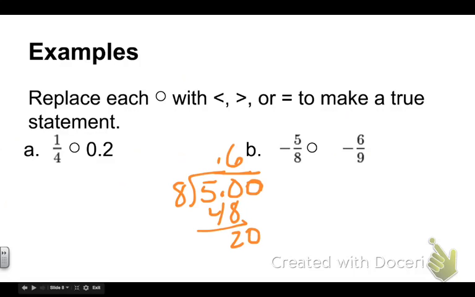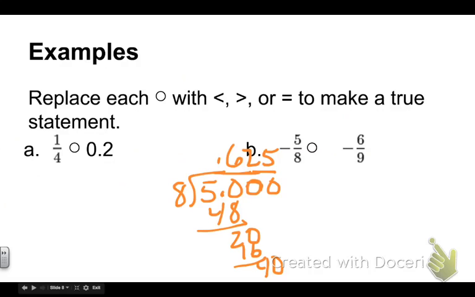And keep doing the division with me. So I've got a terminating decimal here. It's 0.625, messing up everything here.